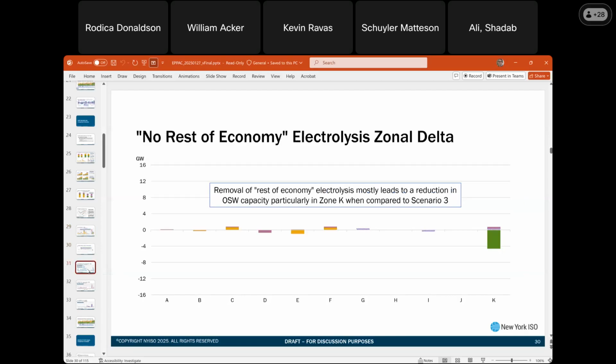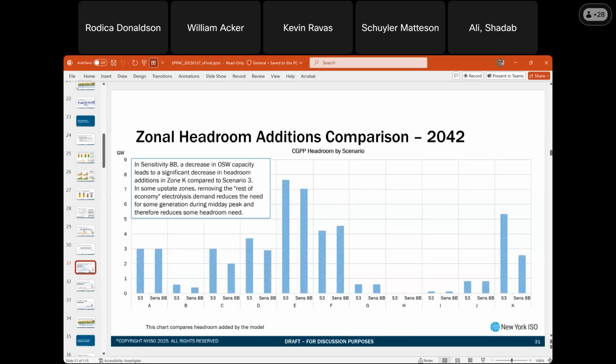On the headroom side, a decrease in offshore wind capacity does lead to a significant decrease in headroom in zone K. And in some upstate zones, removing that rest of economy electrolysis also reduces the need for some generation during the midday peak, and therefore reduces some of that headroom need.